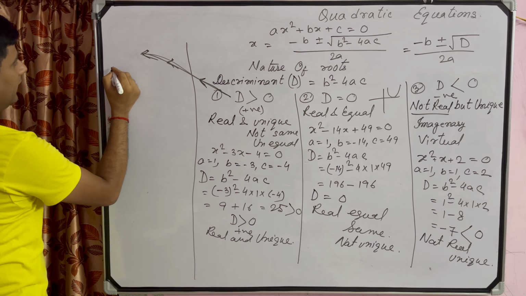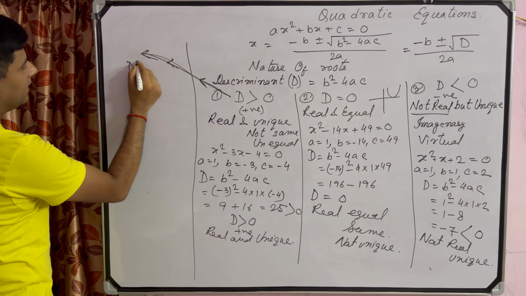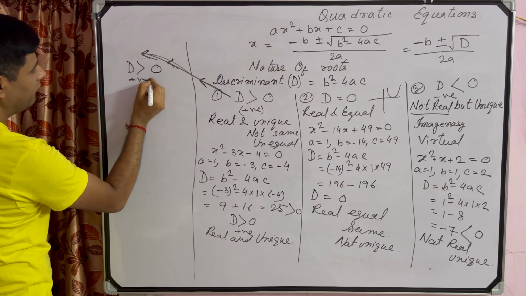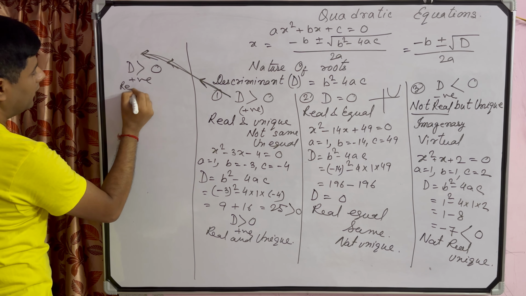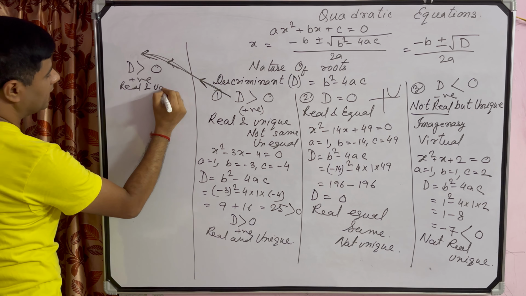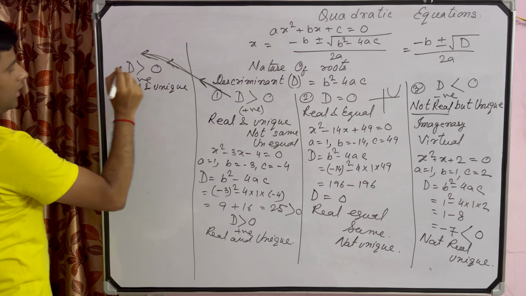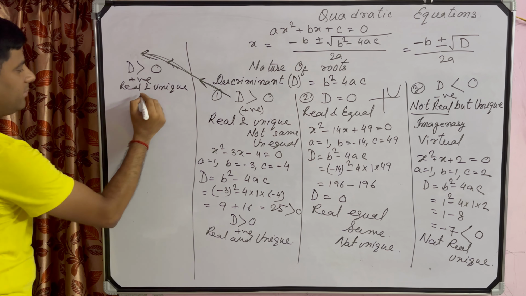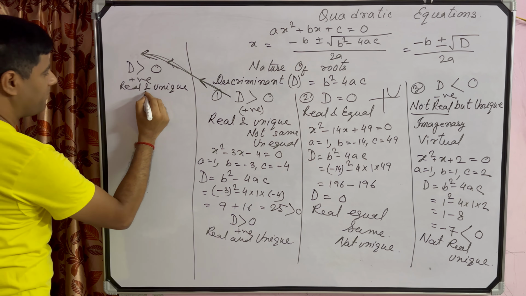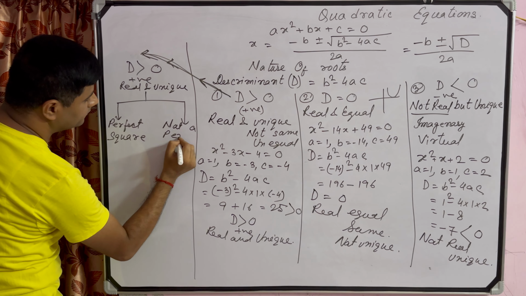Like number one, when D is greater than 0, I mean to say D is positive, we know the roots are real and unique, correct? But D greater than 0 can happen in two ways. One is that it is a perfect square, and another is that it is not a perfect square.